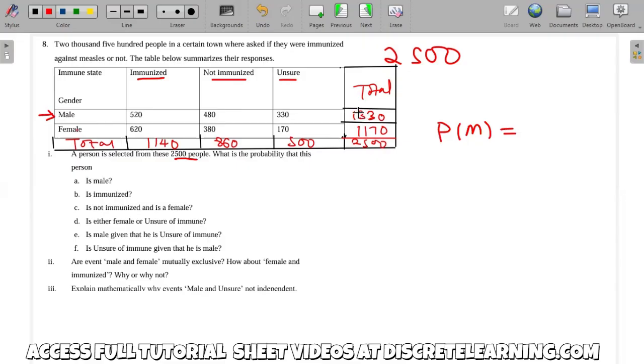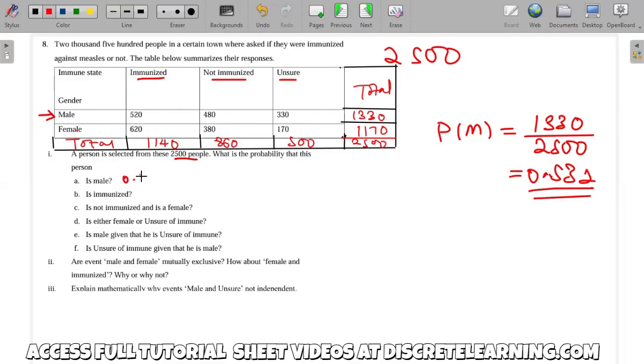That is the total number of males, 1,330, divided by the total number of people, 2,500. If you want a decimal number, just divide that on your calculator. 1,330 divided by 2,500 gives me a probability of 0.532. So this is the probability that the person selected is male.